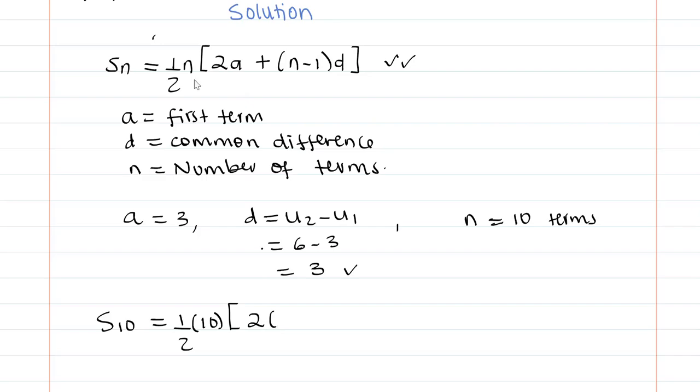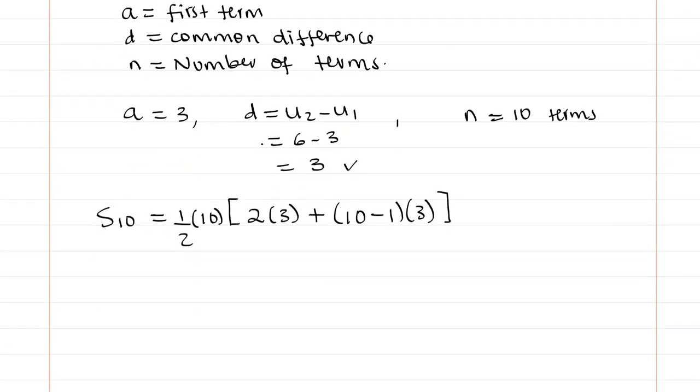Now we substitute. a is 3, which is the first term, plus n, the number of terms in question, which is 10, so 10 minus 1 in the formula, times d. What is d? d is the common difference of our terms, which is 3. Then you close the square bracket.